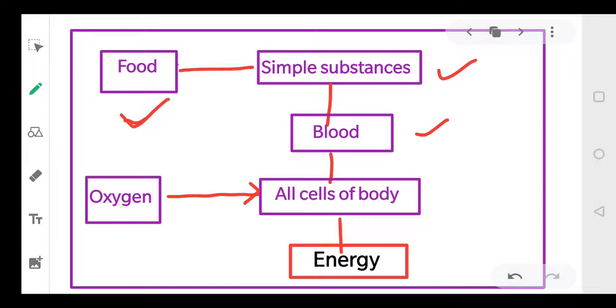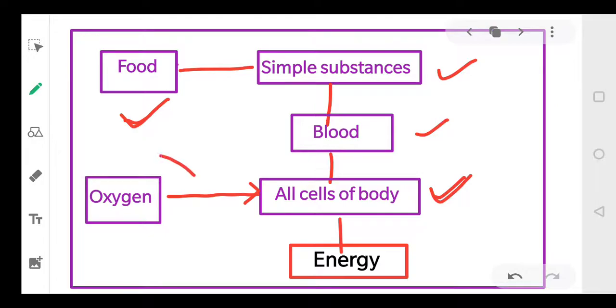Then blood will transport these components to all cells of the body, so every cell will receive the food.